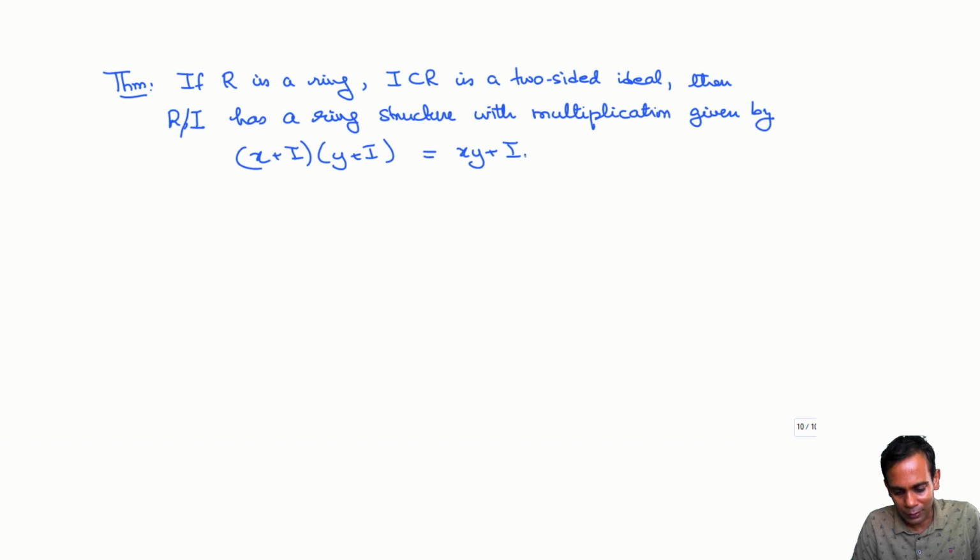It's fairly straightforward. The main point is that this product is well defined only when I is a two-sided ideal, and that's what you need to take quotients of rings.